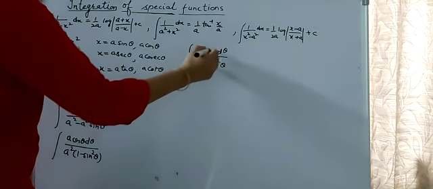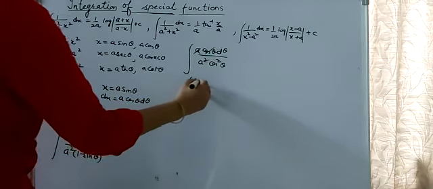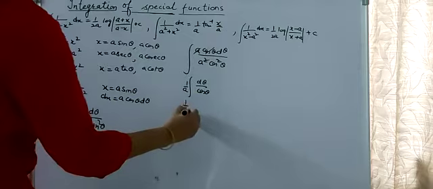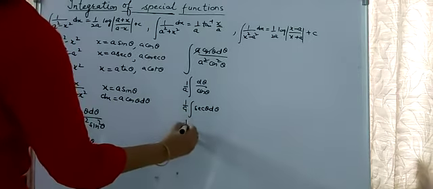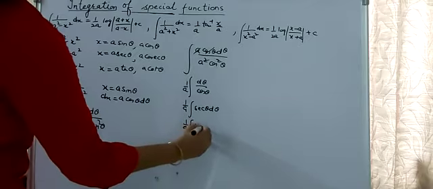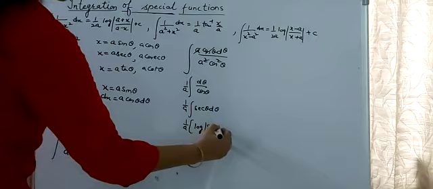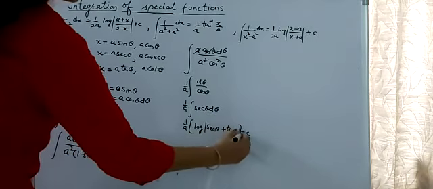One a is cancelled with this, one cos is cancelled with this. So you are left with 1 upon a, d theta upon cos theta, and 1 upon cos theta is equal to secant theta. So what is the integration of secant theta? That is, the integral of secant theta is log secant theta plus tan theta plus c.